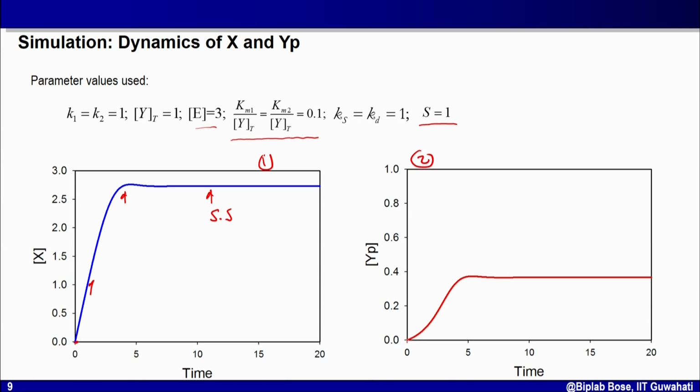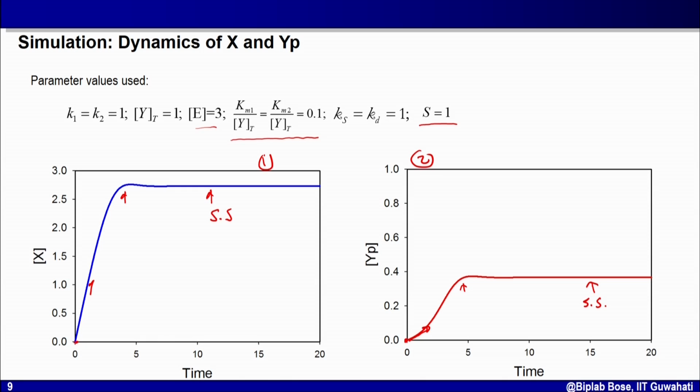Similarly, yp starts from 0 at t equal to 0 and moves up with a slight hump, and then eventually it reaches a steady state. So here I can easily see that both yp and x reach steady state after some time. That means this is a stable steady state, which is why the system is moving there. It is also expected because the system is monostable.